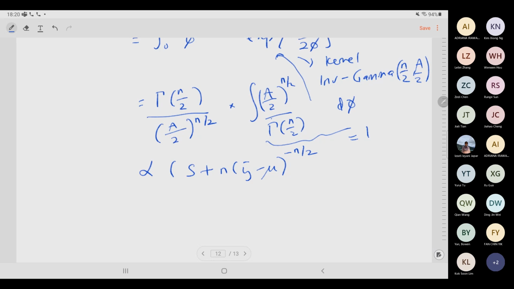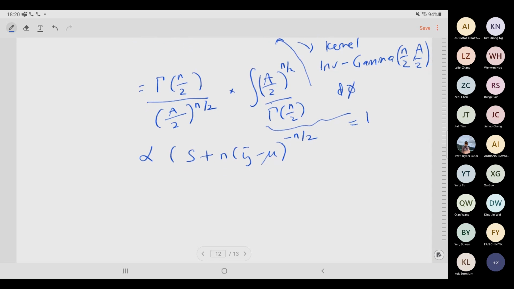Of course, 2 is also a constant. If you take the 2 outside, it's multiplied by A multiplied by 2, so 2 is also a constant, that's why you don't see it anymore. You are only left with the original A, to the power of minus n over 2.